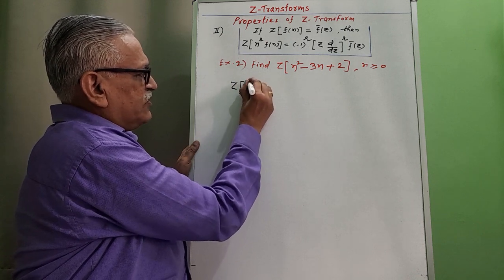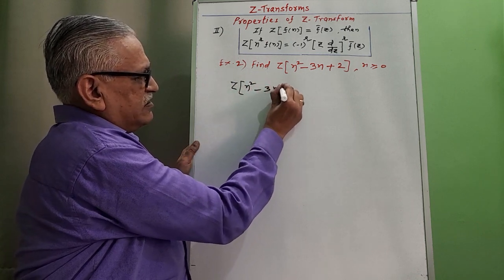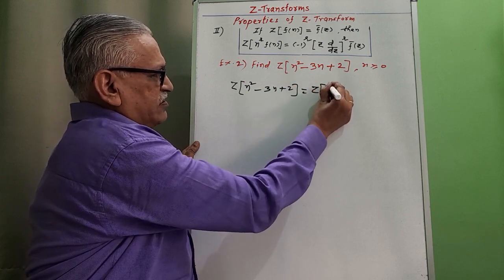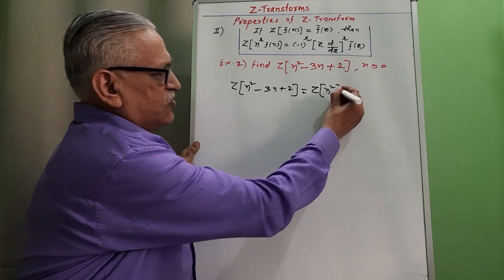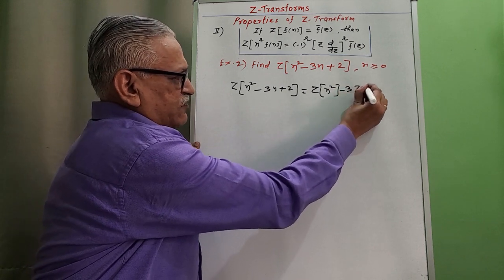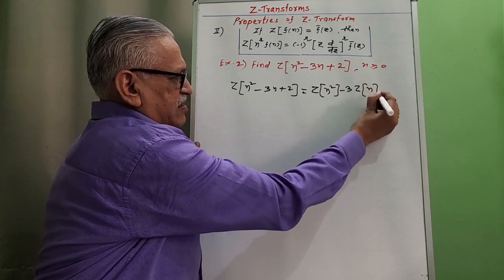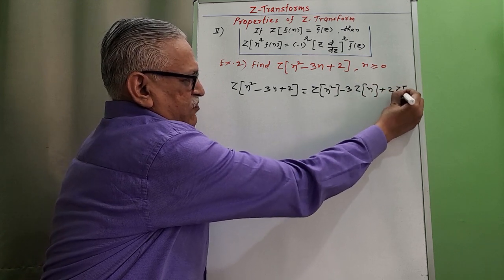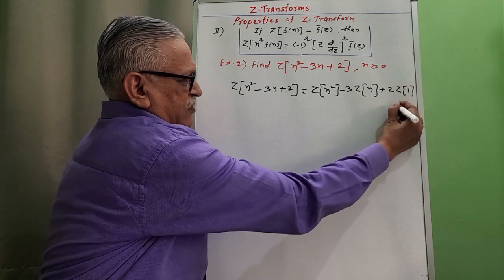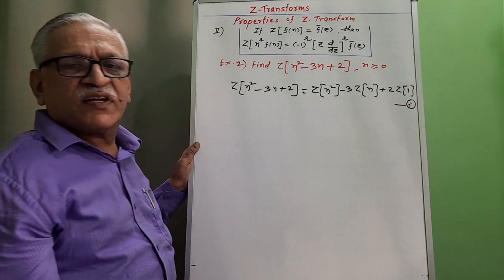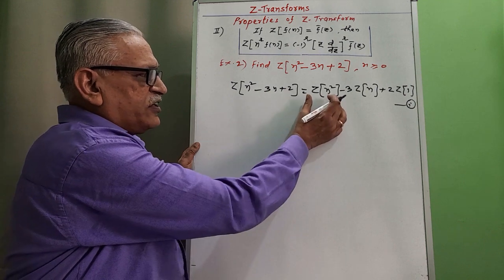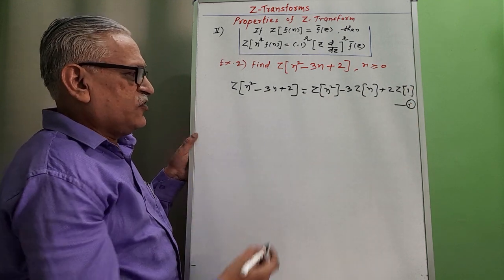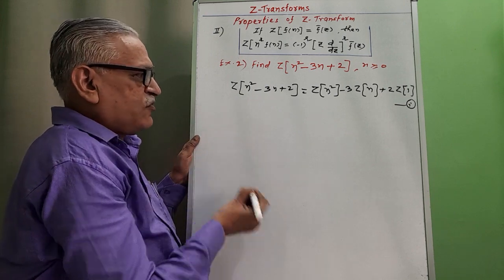Therefore, Z of n square minus 3n plus 2 is nothing but the Z transform of n square, minus 3, constant outside, times the Z transform of n, plus 2 times the Z transform of 1, and we call this equation 1. Then we determine Z of n square, Z of n and Z of 1 individually, and therefore we perform it step by step.